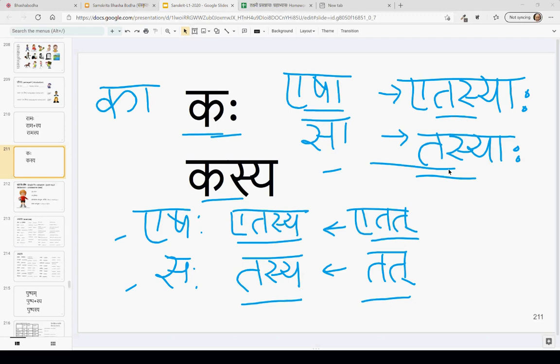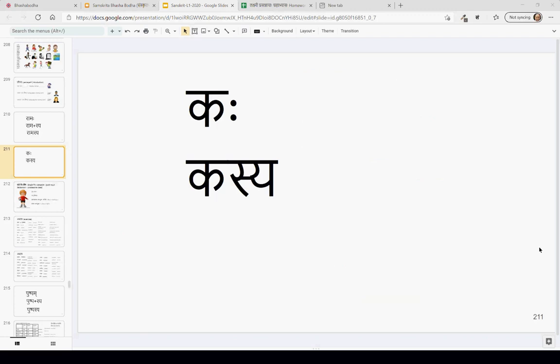So with that, we should be able to form the questions using Kaha, Kasya, Kasyaha, and we should be able to also use these pronouns, sarvanama shabdaha, which are Etasyaha, Tasyaha, and Etasya, Tasya. We should be able to use them.